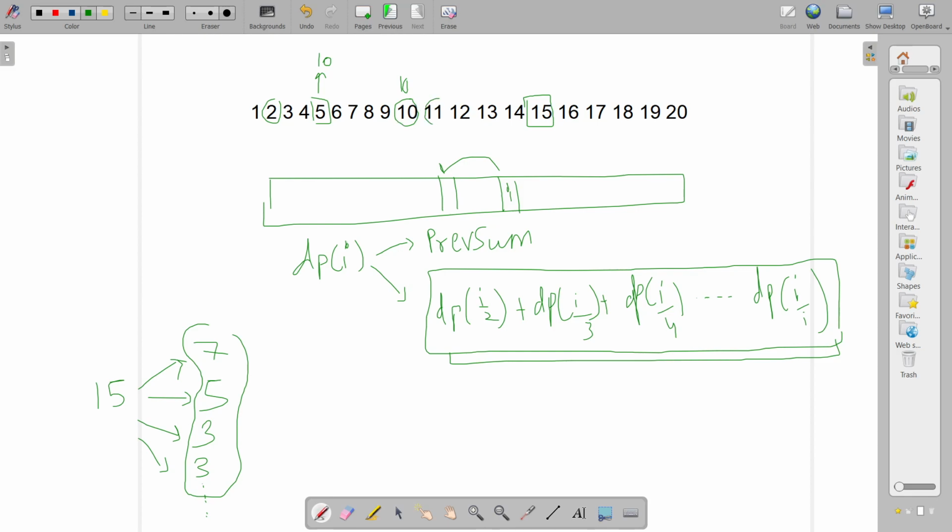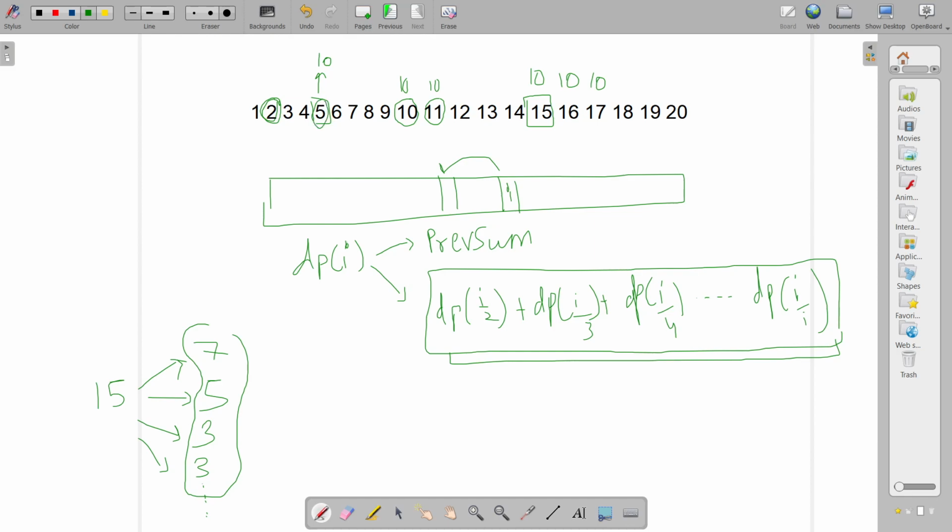Interestingly, I can also add 10 here, because when I divide 11 by 2, I again get 5. I can also add 10 here, 10 here, and 10 here. So whenever you're at an element, what I try to figure out is what are these ranges of addition.